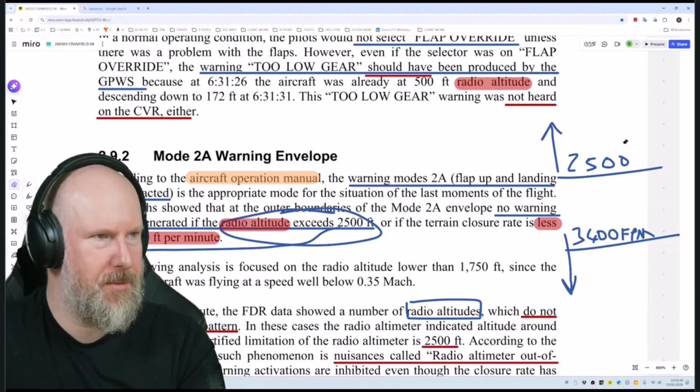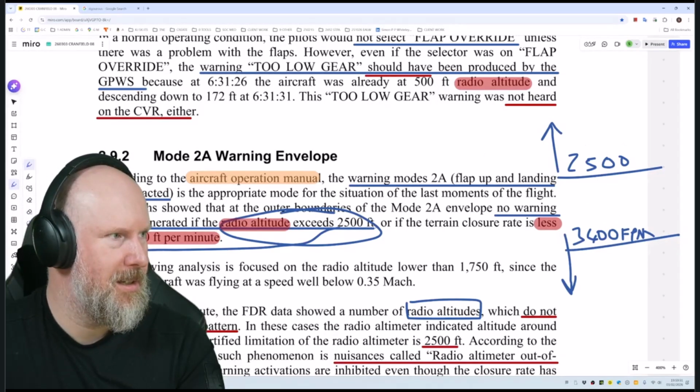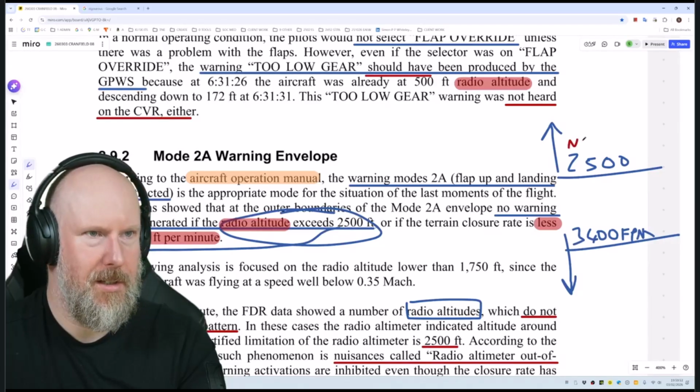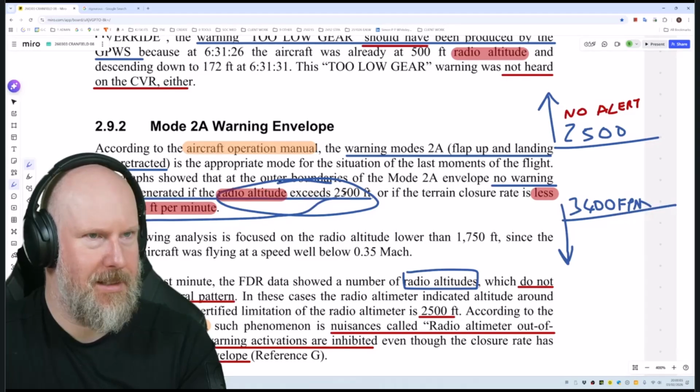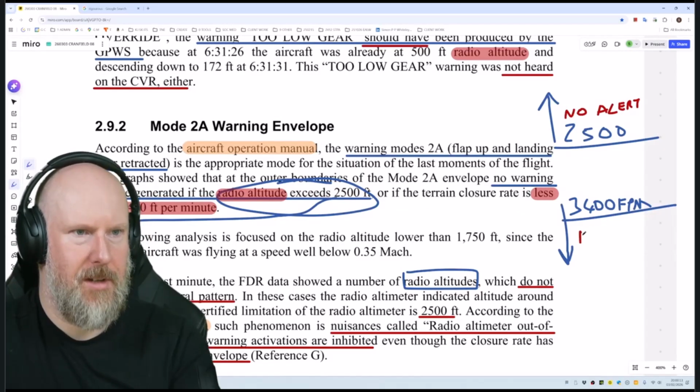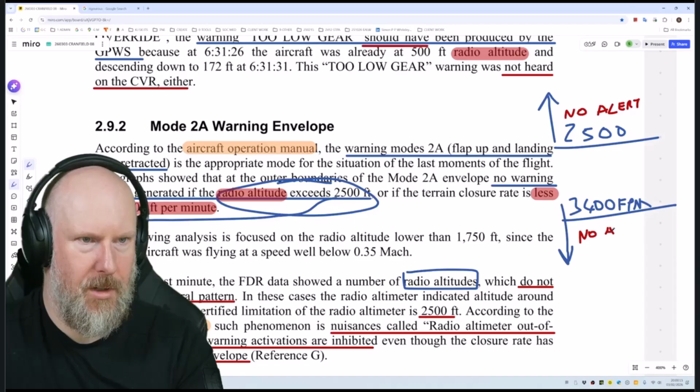So if it's above 2,000 feet, no alert, no warning. There we go. No warning will be generated if the radar exceeds 2,500 feet, or if the terrain closure rate is less than 3,400 feet. So if it's less than 3,400 feet, you get no alert.